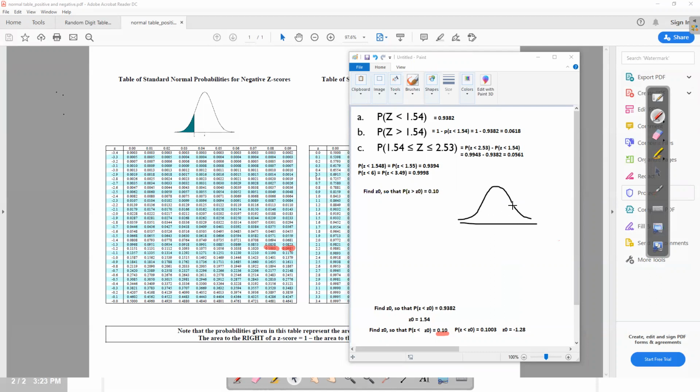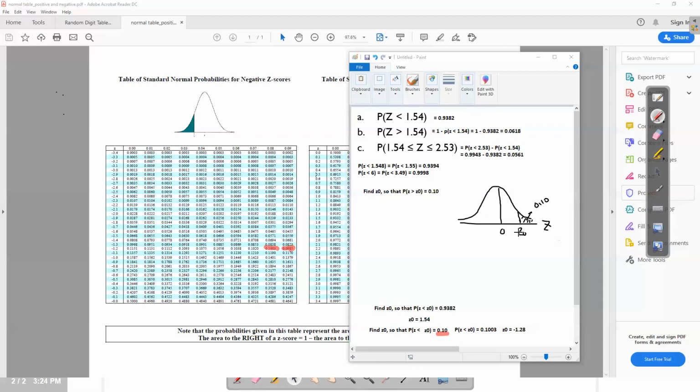If you have a Z distribution, the center is 0, and we try to find a z0 here to make the probability to the right of z0 0.10. So this is what we're looking for. By the way, the Z-table is not designed this way.